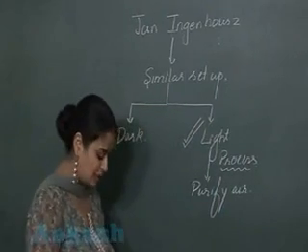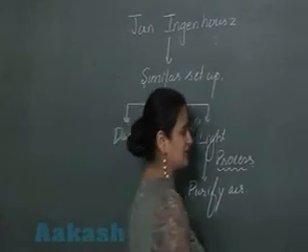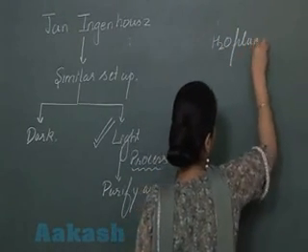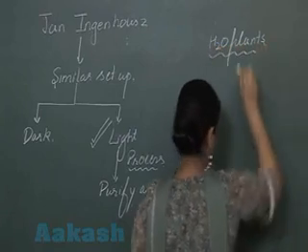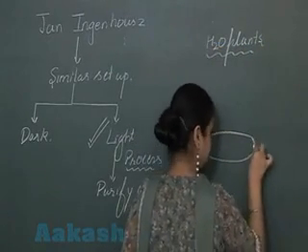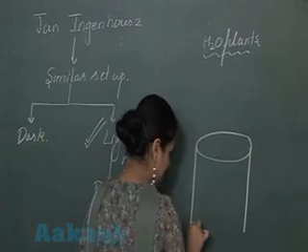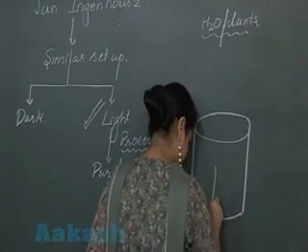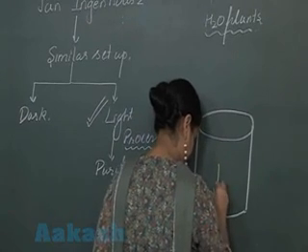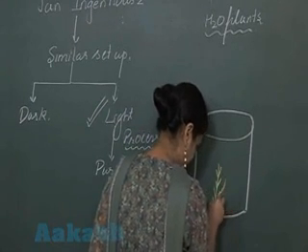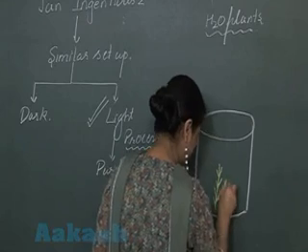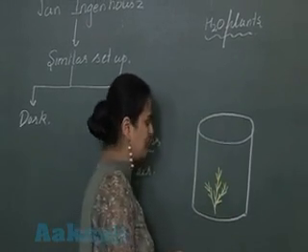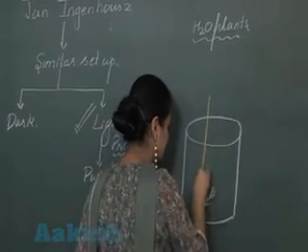Along with this, he also performed one very famous experiment with respect to a water plant. He took a beaker. Inside the beaker, he took a water plant like hydrilla, and over the water plant he placed an inverted funnel.